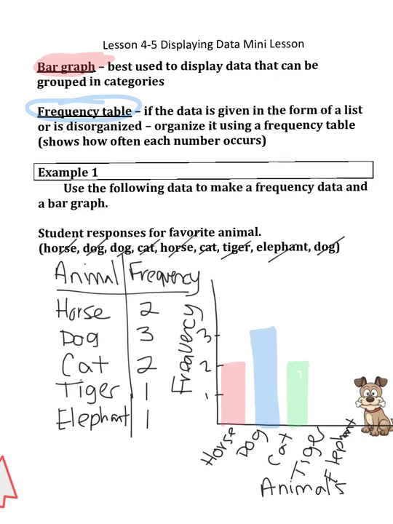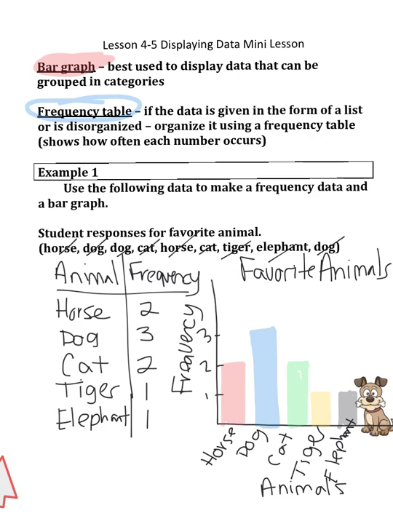And then tiger and elephant were both 1. And then the only thing at this point our bar graph is missing is a title. And for title, we could just simply say favorite animals.